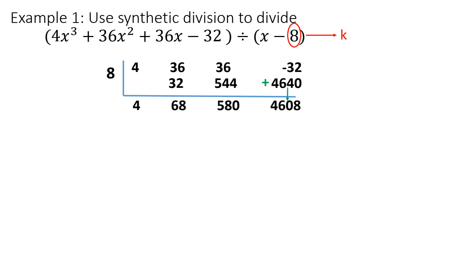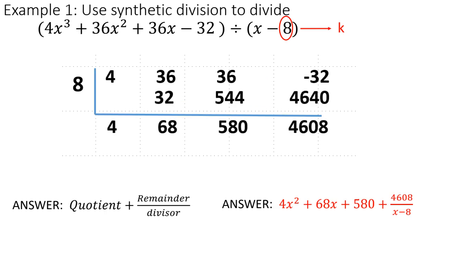So again, just as before, the 4608 was my remainder. My quotient is the 4, the 68, the 580, but the 4608 was part of the remainder. So if I rewrite the answer as a polynomial, I started with a cube. My dividend was a cube, so my quotient is going to be 1 degree less than this.